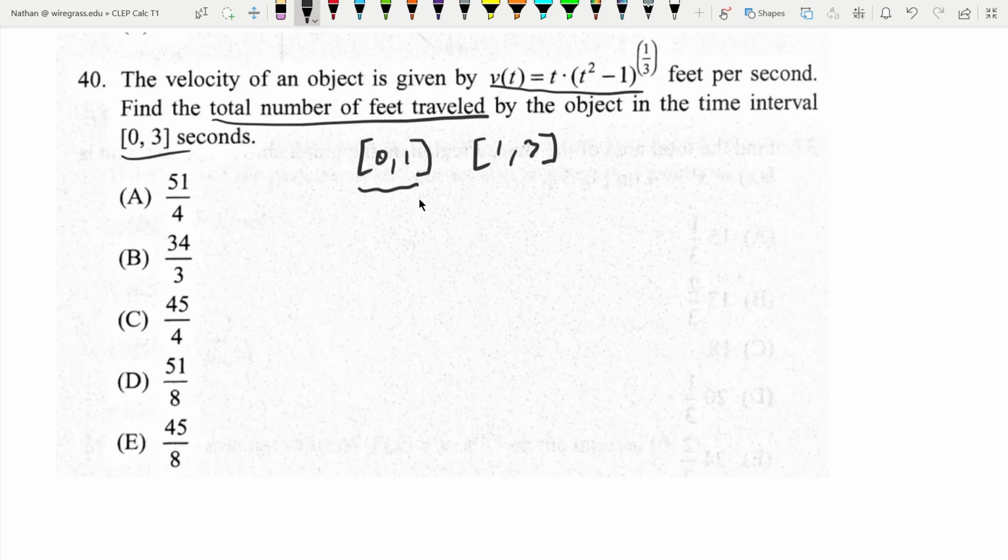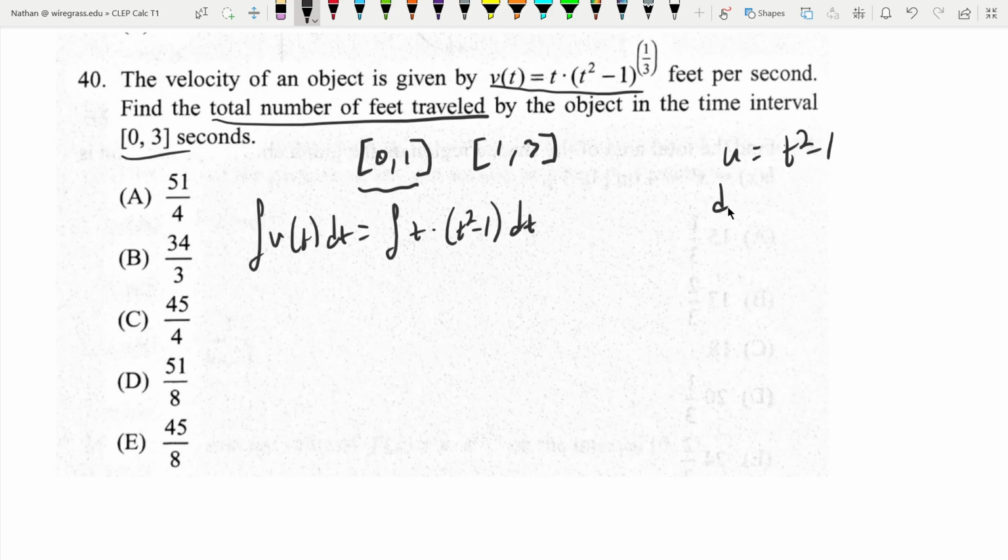To do this, of course, we still have to take the integral of our function. So the integral of v(t) is going to be the integral of t times (t squared minus 1) to the 1/3 dt. And this is a u-sub. So u equals t squared minus 1, then du equals 2t dt.